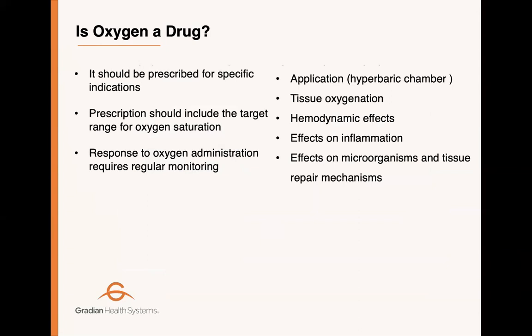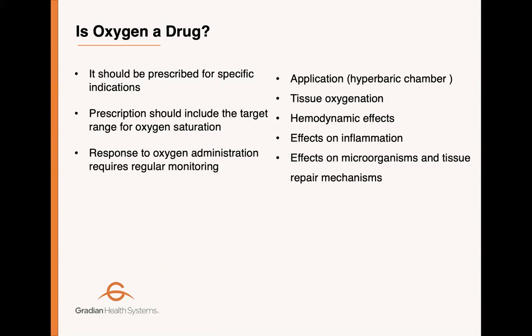It's not for everyone. And the prescription of oxygen should include the target range for the oxygen saturation. What are you aiming for? If your patient saturates at 100, is it okay? If a patient saturates above 92, is it okay? So you should set a target. What are you aiming for?